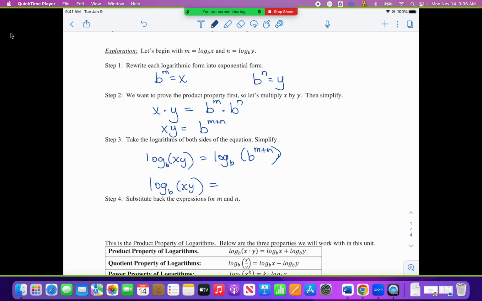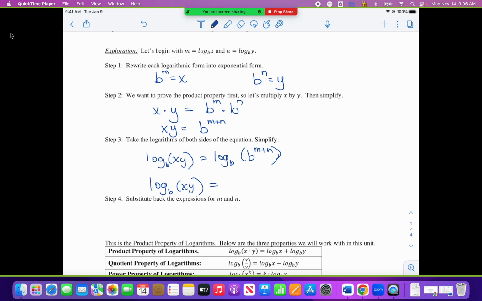Now on the right side, this is where it's going to get interesting. When I have the right side, the log base b of b to the m plus n, ignore the left side a moment. I'm just trying to evaluate the right side. B to what power is b to the m plus n? M plus n, right?